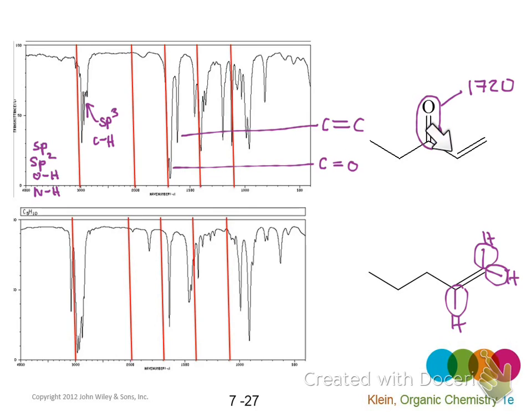This CC double bond versus this CC double bond, right? Because this CC double bond signal is relatively larger than the signal that's down here, relative to this sp3, it implies that it's probably a little bit more polar, because its relative amplitude is larger.